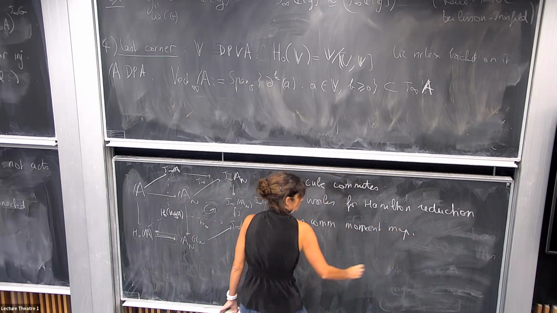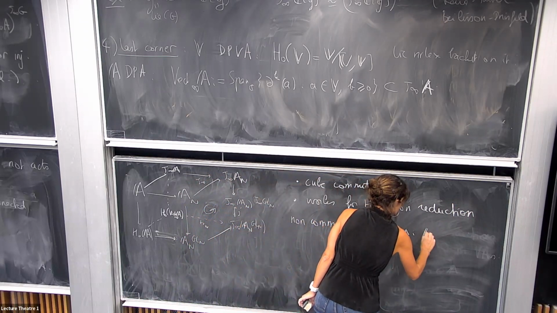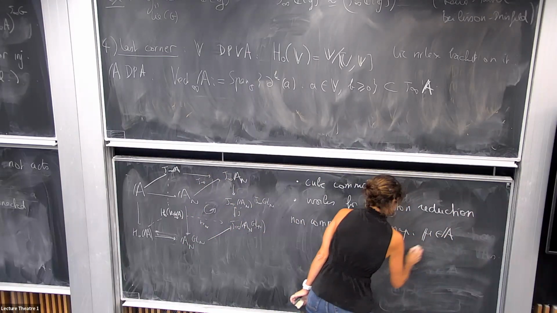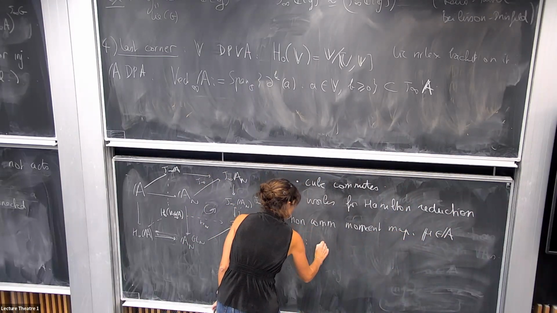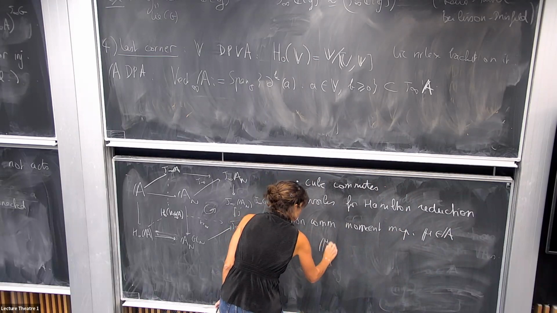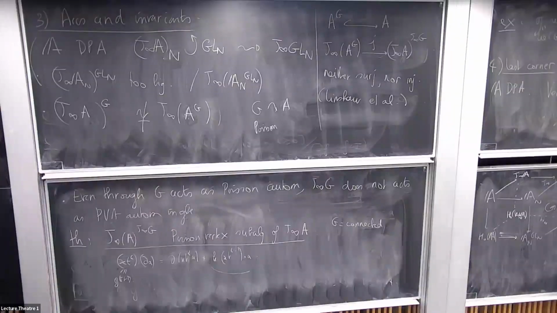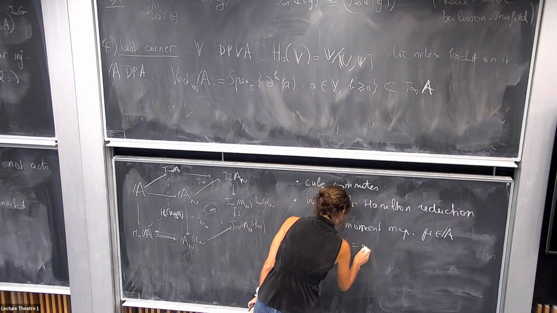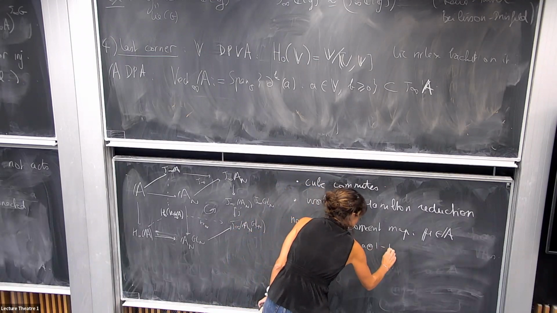So a non-commutative moment map is just an element mu of A such that the bracket of mu with any element of A satisfies this.